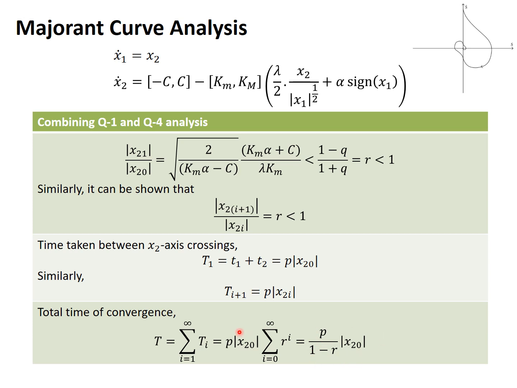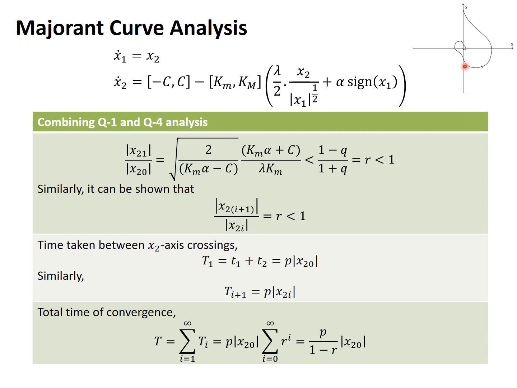This is in the same line as we have done the twisting proof, so I am not spending too many words here. With this we have proved that the super twisting algorithm is also convergent in finite time.